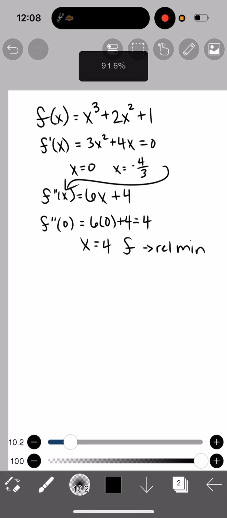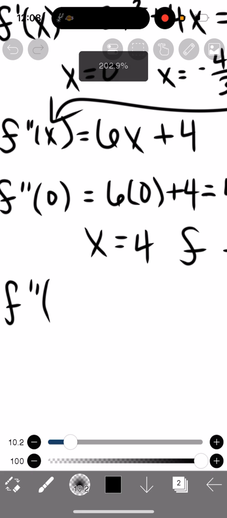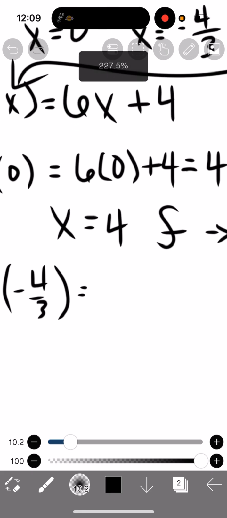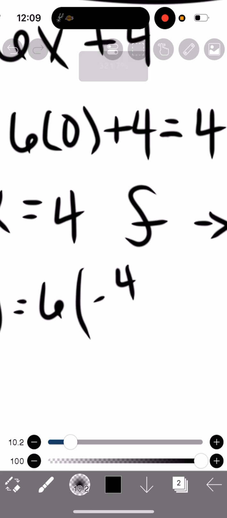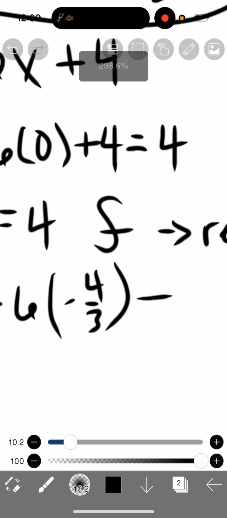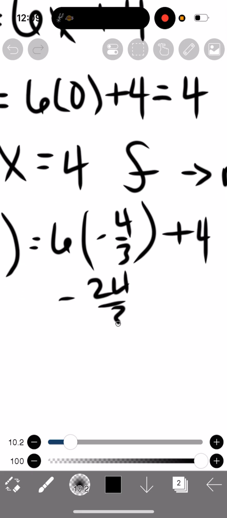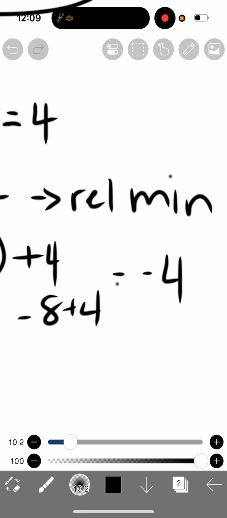And then the same type of thing for x equals negative 4/3. It's negative 4/3, so negative 8 plus 4 will come out to negative 4.